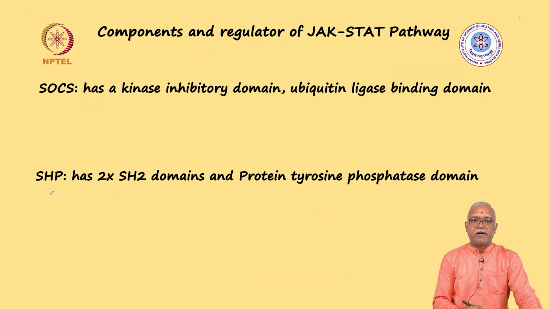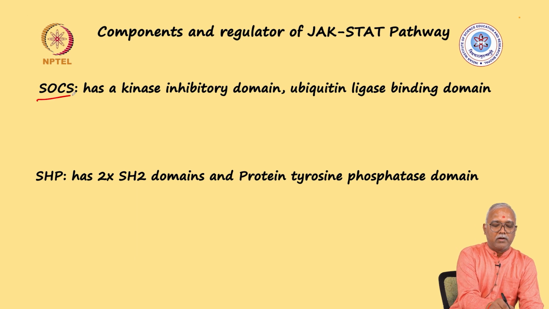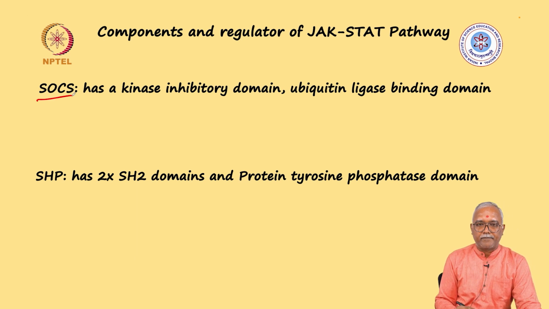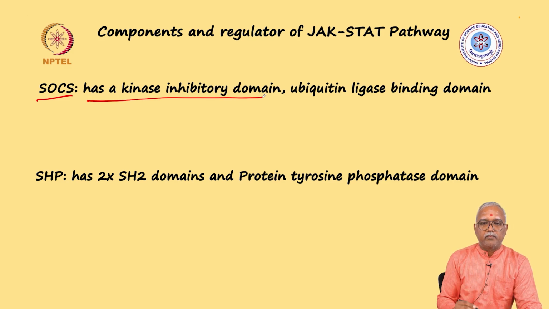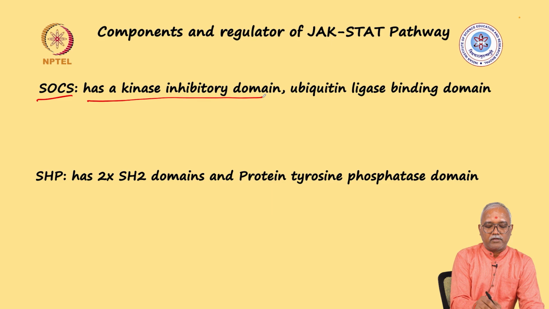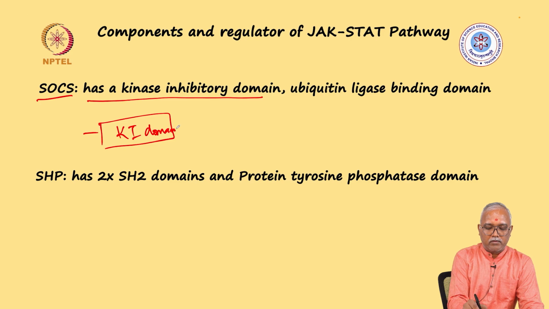Then there is a regulatory molecule, one which is called suppressor of cytokine signaling. Here you have a kinase inhibitory domain, which basically means that it will affect the JAK activity. So, if I say Ki domain, basically it will affect the kinase activity.